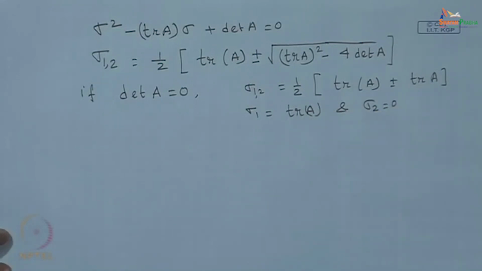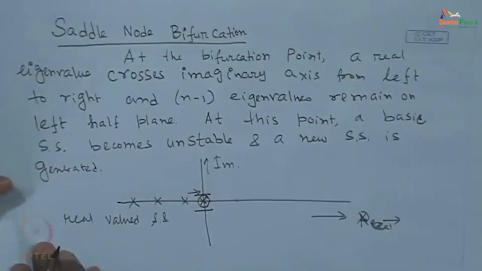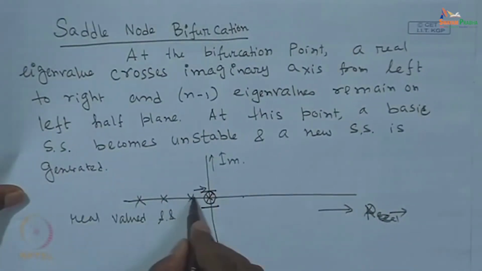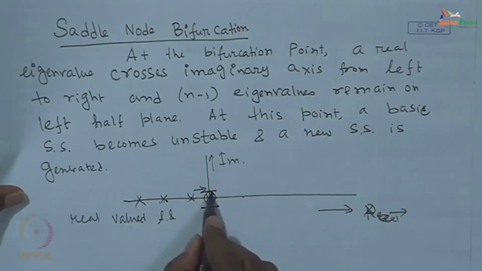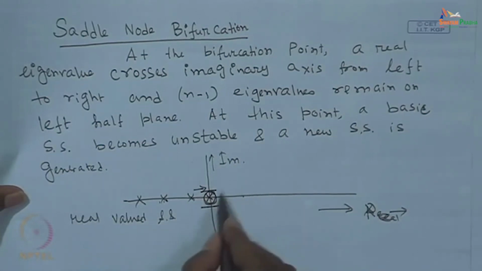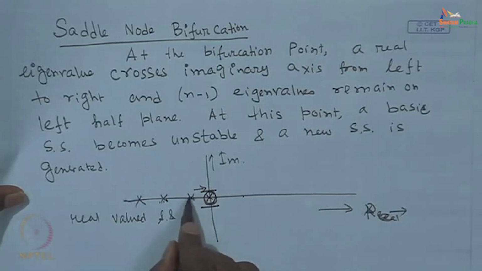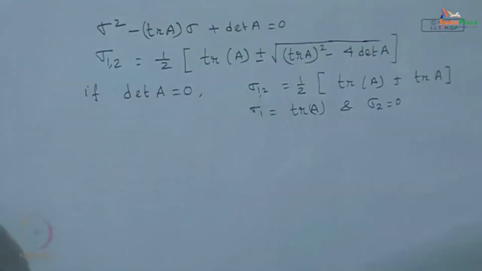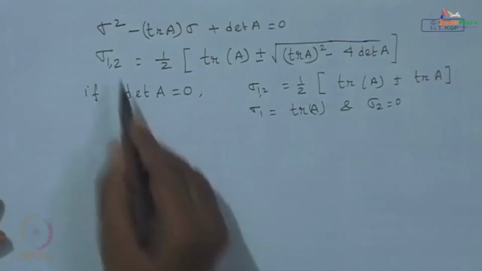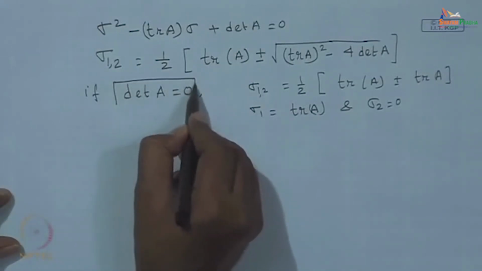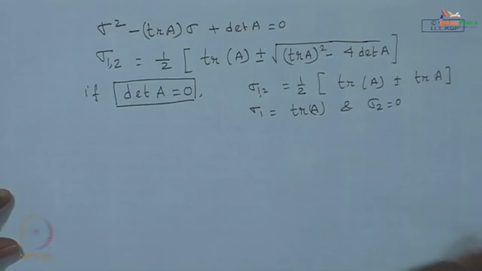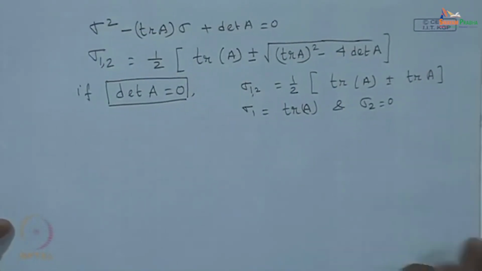So, this is the point. This is the condition where one of the eigenvalues becomes 0, and the steady state goes from the stable steady state to an unstable steady state. What is the condition for one of the eigenvalues to be 0? The determinant of A has to be equal to 0 in order to have a saddle node bifurcation.